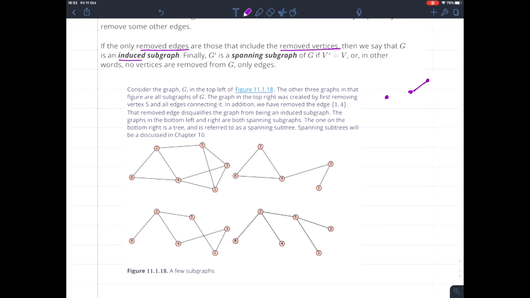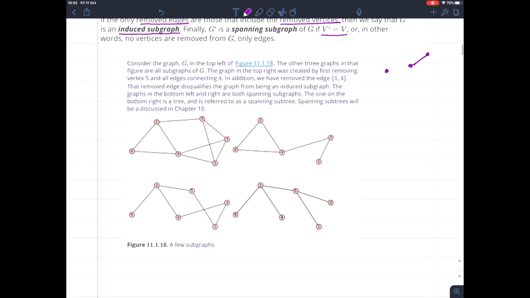So that's called an induced subgraph. On the other hand, we have that a graph is a spanning subgraph if the vertex sets of the two are the same. So we haven't removed any vertices, but we might have removed a few edges.